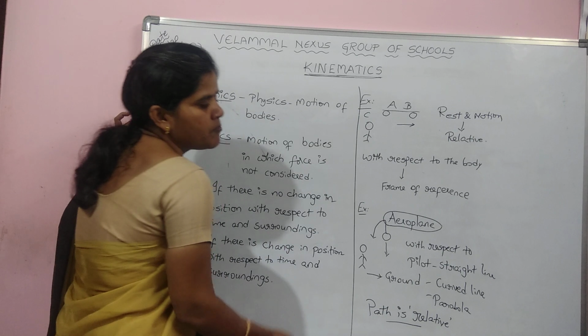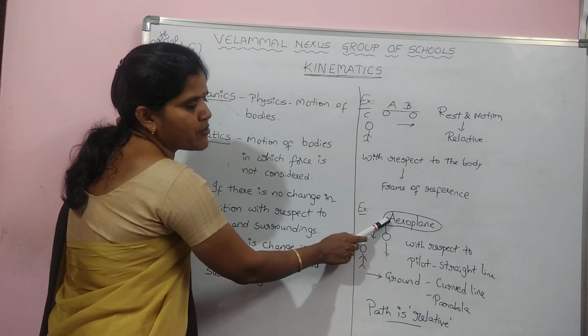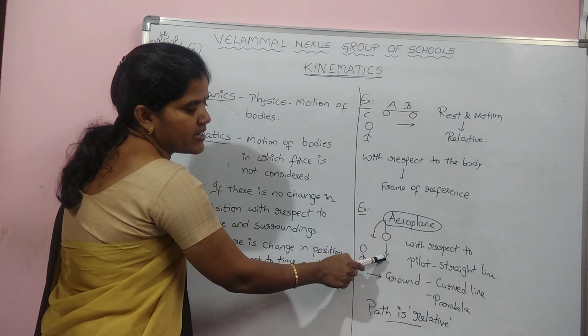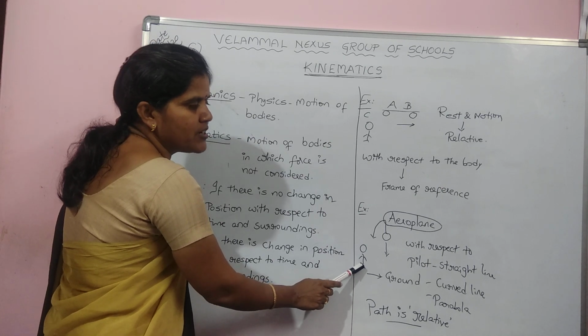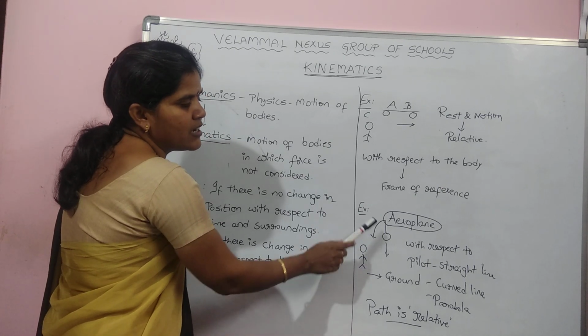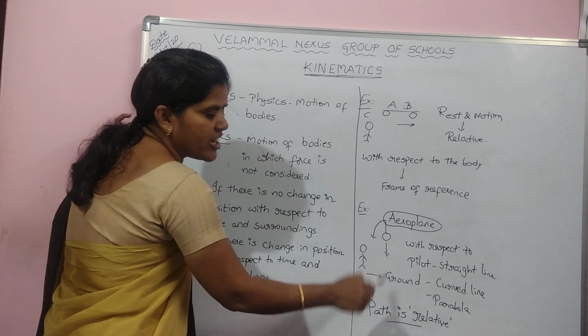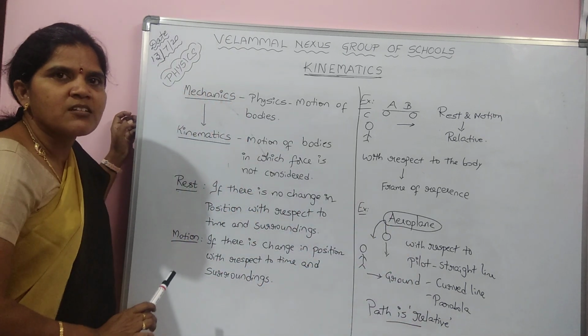That means the frame of reference is the pilot here, with respect to whom it has taken a straight line. With respect to the observer on the ground, it is a parabola. And hence I say the path taken by the stone is also relative. I hope it is clear, children.